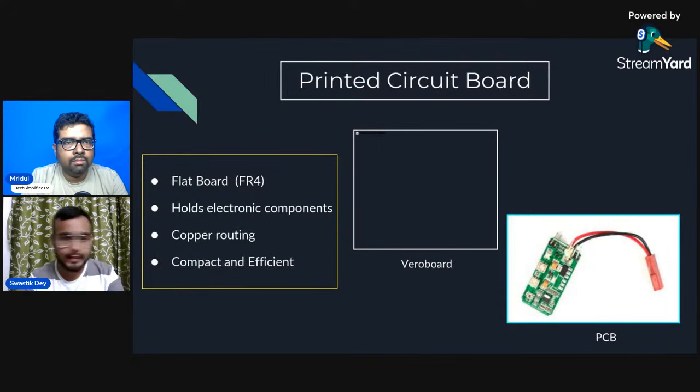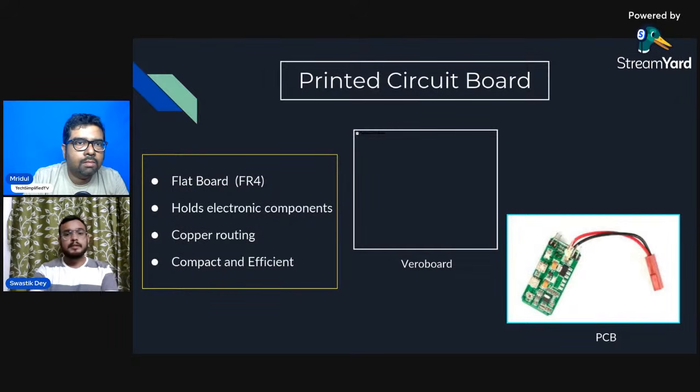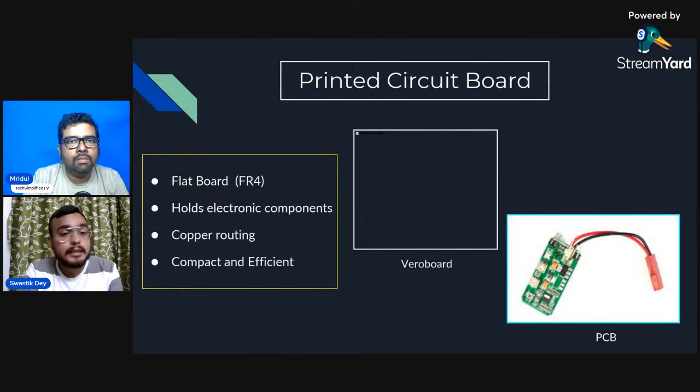A printed circuit board. I think the picture is not coming properly over here for the Vero board. So this printed circuit board has been a buzzword for quite a long time. It is basically a board that holds different electronic components.